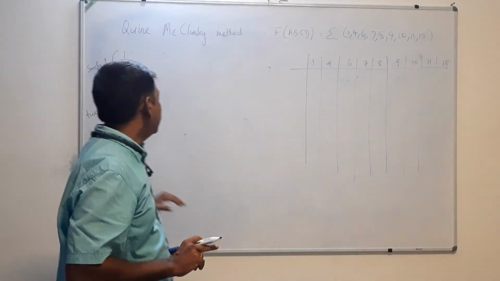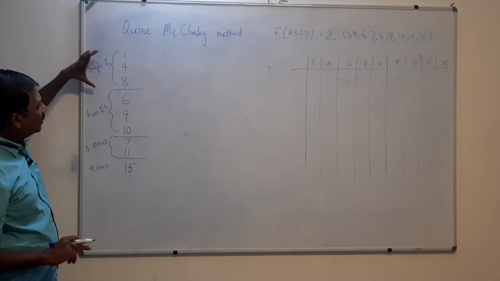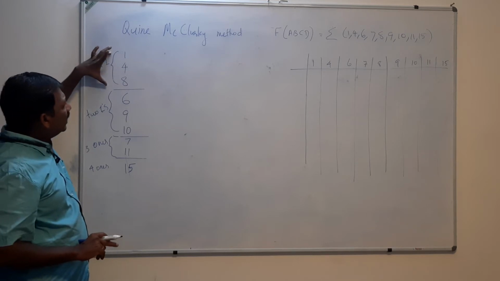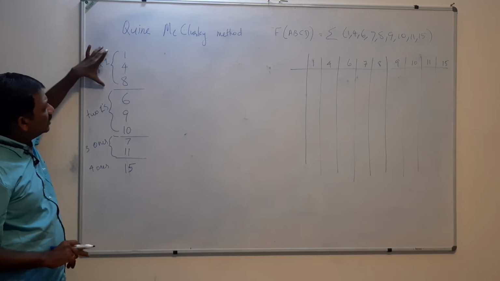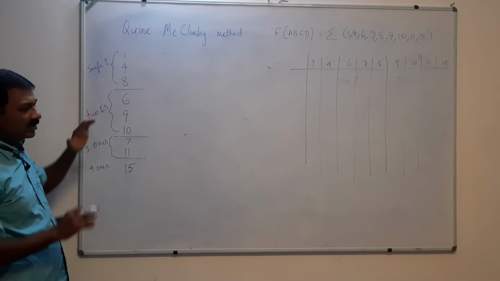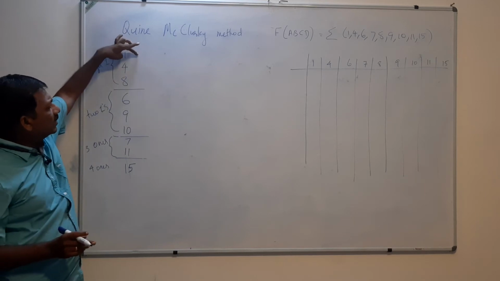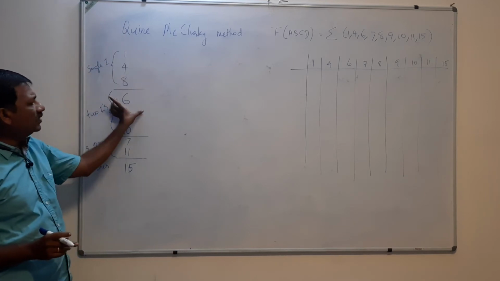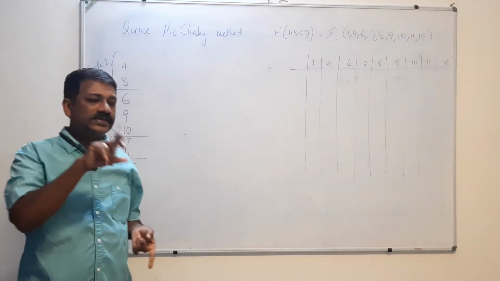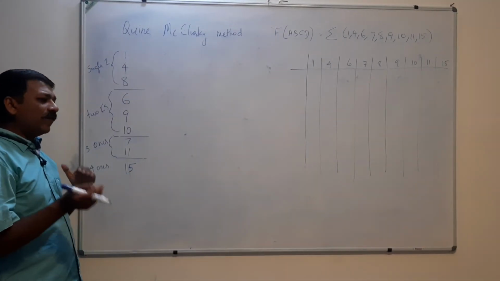Now we are going to check whether any entity from this group can be combined with any entity from the next group. That means the pattern of this and the pattern of this vary only in a single place.